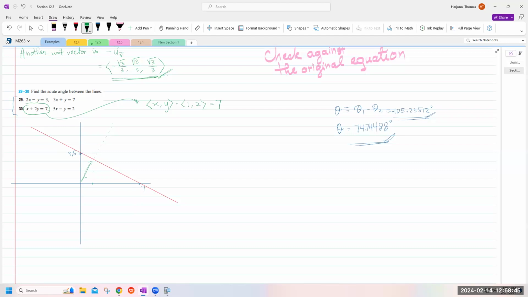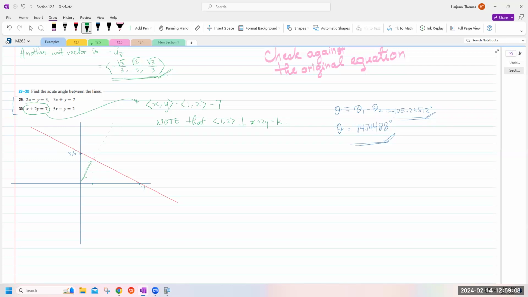Okay? Note that (1, 2), this vector here, is perpendicular to the line x plus 2y equals whatever constant. In this case, x plus 2y equals 7.